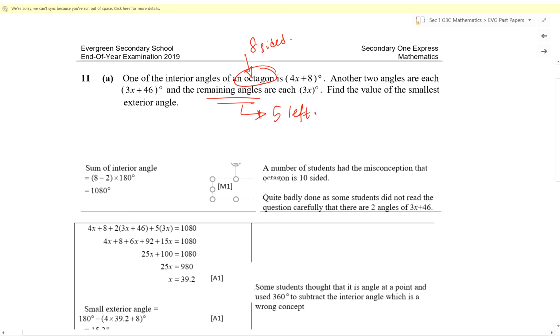So 5 of them are 3x. If you draw 1, 2, 3, 4, 5, 6, 7, 8, this could be 4x plus 8, this could be 3x plus 46, 3x plus 46, and the rest are all 3x. So that's the situation over here. Find the value of the smallest exterior angle.